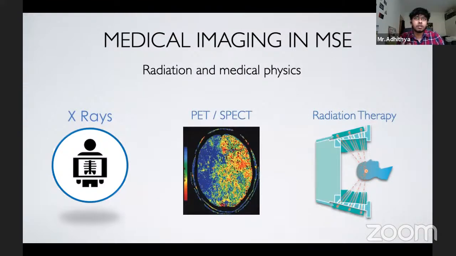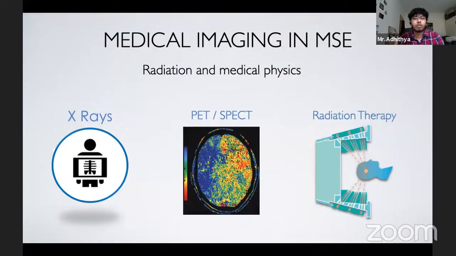So any dense organs we would be able to see using X-ray projections: mostly bones, cartilages, and other dense structures. These radiography techniques are always useful to image structures inside our body which are very dense.